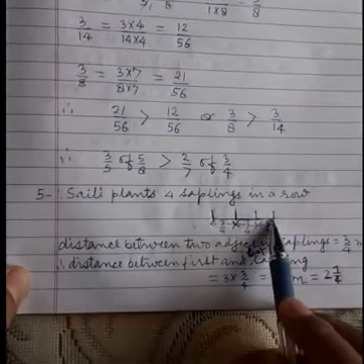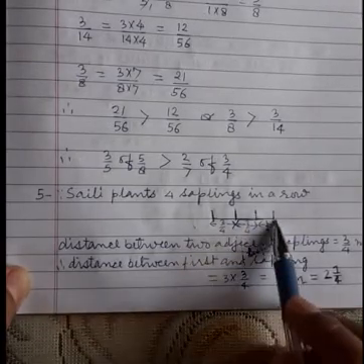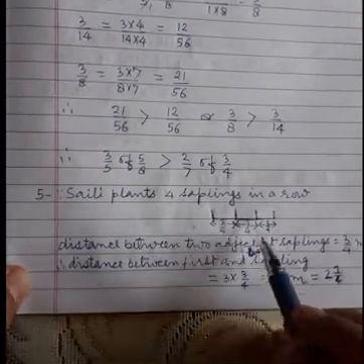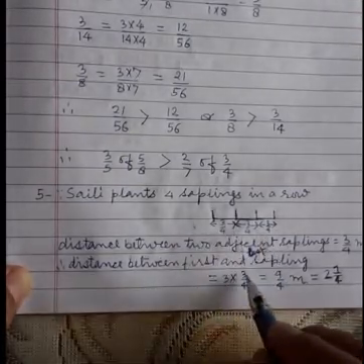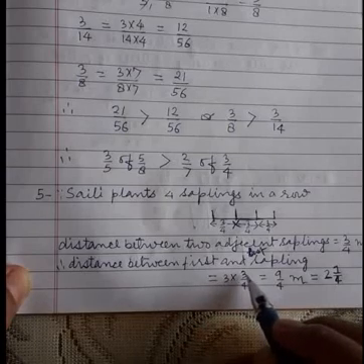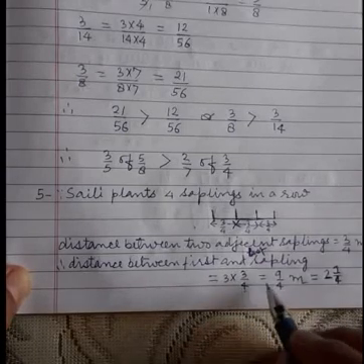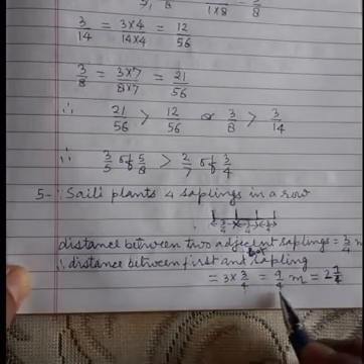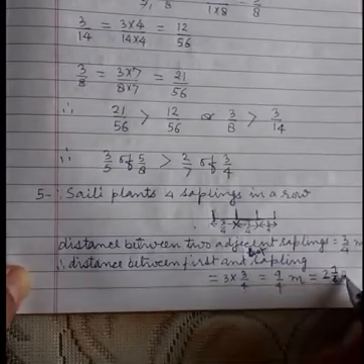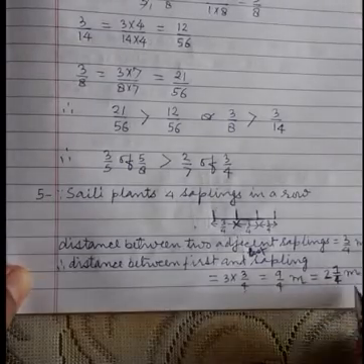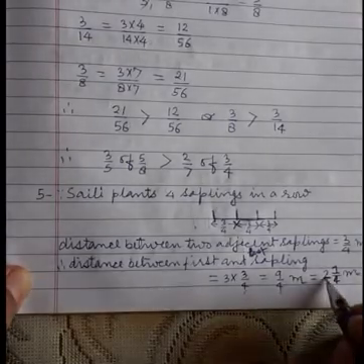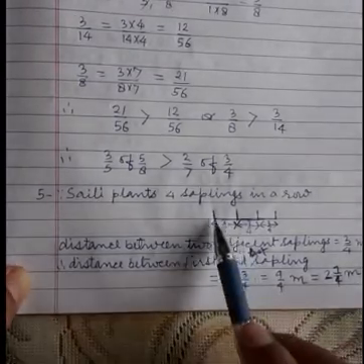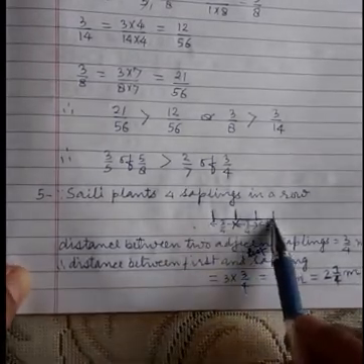So between first and last there are 3 intervals of 3 upon 4 meters. So 3 into 3 upon 4. So this is equal to 3 3s are 9 upon 4 meter, and we can convert this in mixed fraction. So it will become 2 whole 1 upon 4 meter. So this is the distance between this first and last sapling.